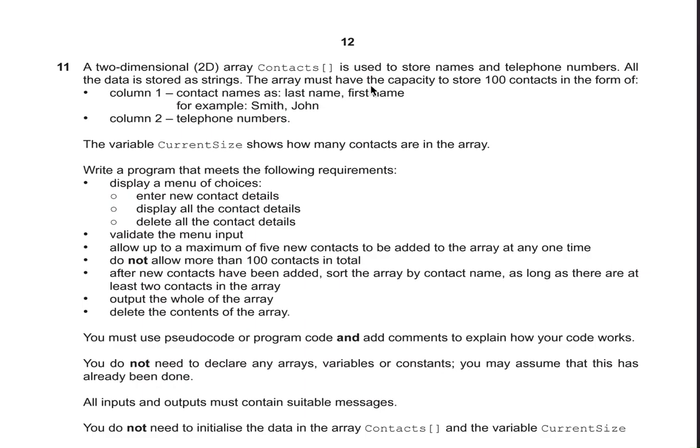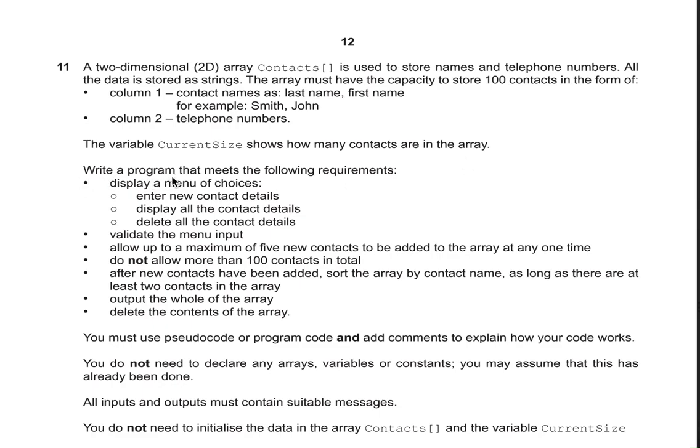The array must have the capacity to store 100 contacts in the form of column 1, contact names as last name, first name. For example, Smith, John. Column 2, telephone numbers. The variable current size shows how many contacts are in the array.